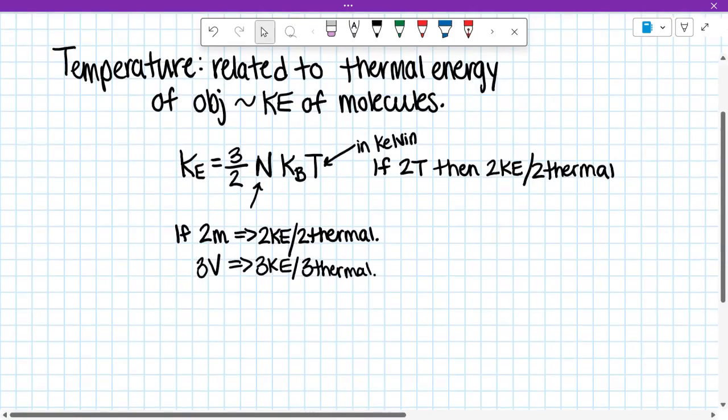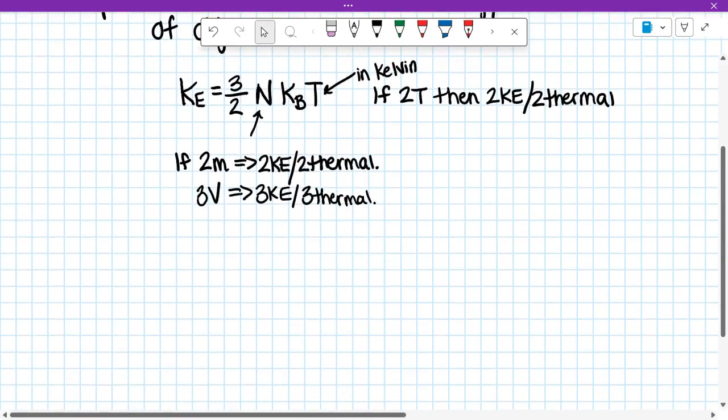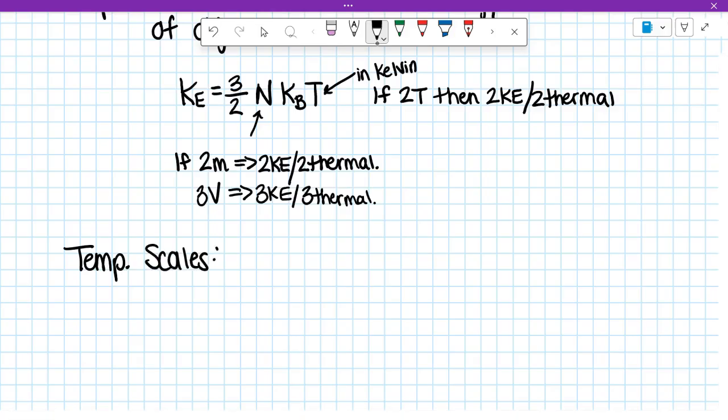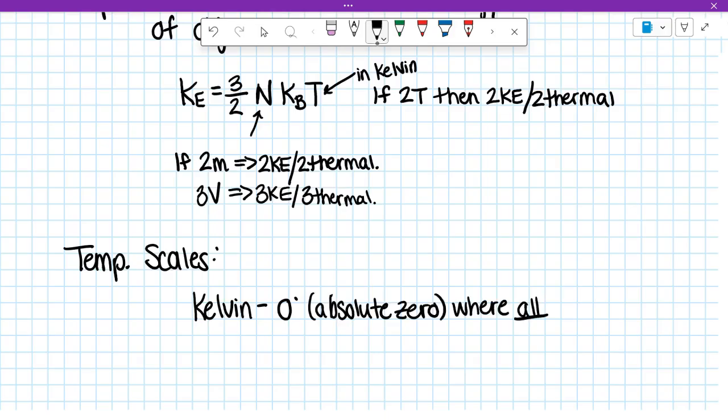So I mentioned Kelvin, and Kelvin is one of our temperature scales. Kelvin is based on the fact that 0 degrees, also known as absolute zero, is the point where all molecules stop moving.